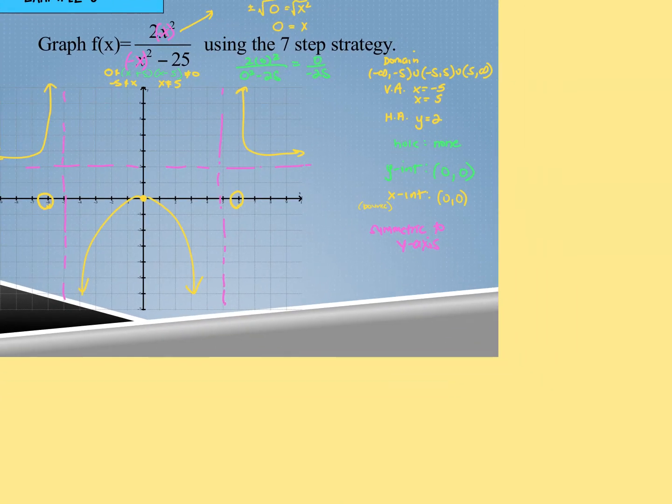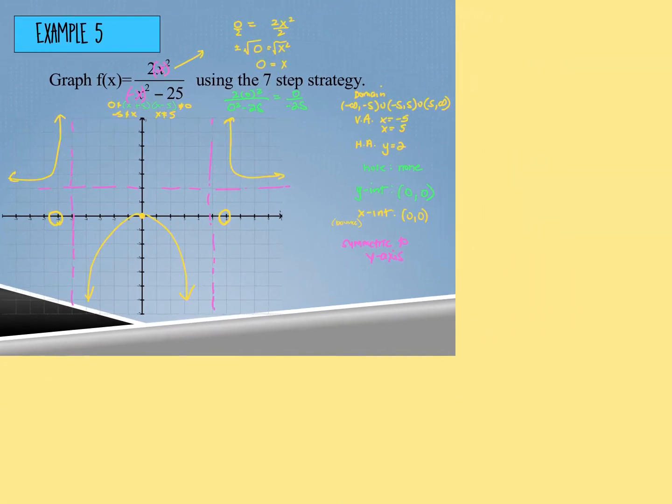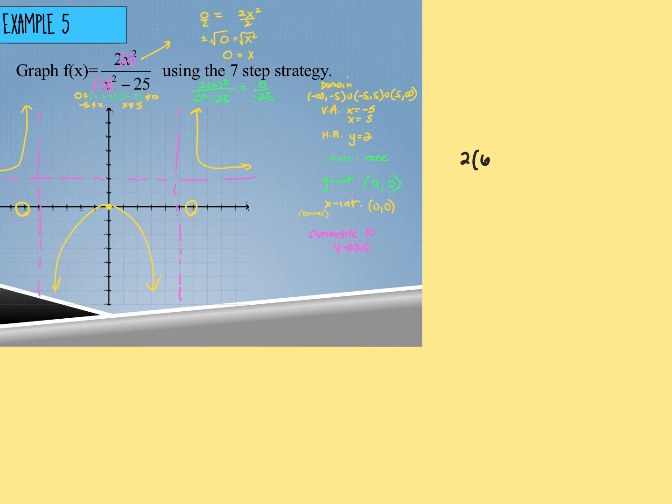So if I plug in +6, I would get 2 times 6 squared over 6 squared minus 25. 2 times 36 over 36 minus 25. 72 over 11. Which is 6 and 6/11.